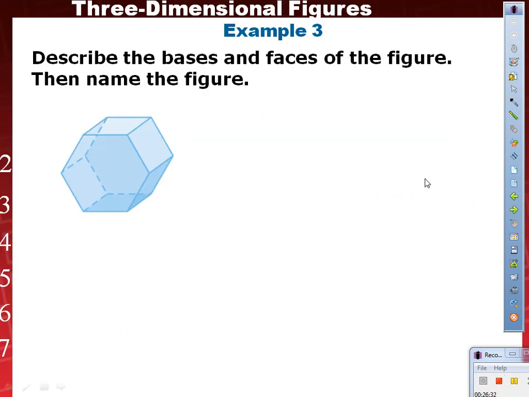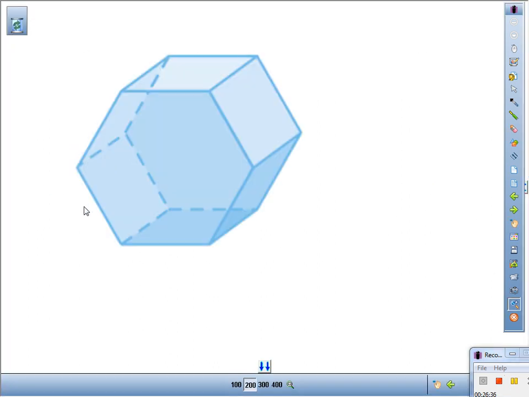Look up. Don't copy this one. Does everybody see that? Here's one base, and in the background we have the other base. You guys see that? What kind of base is this?